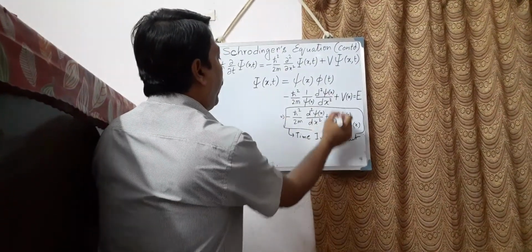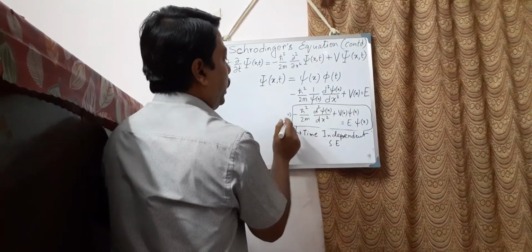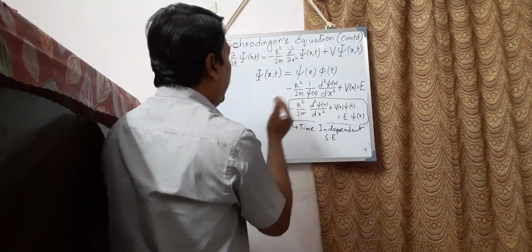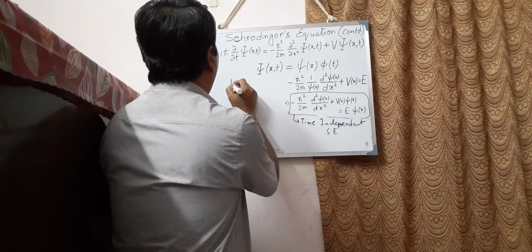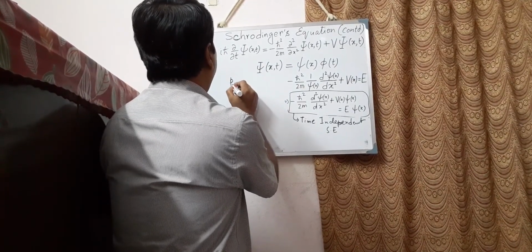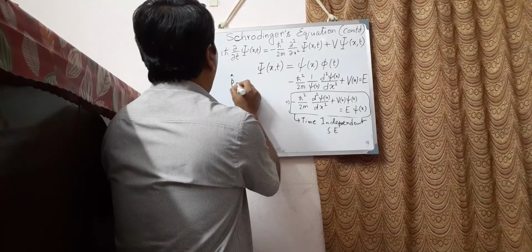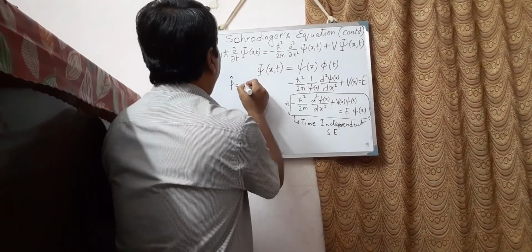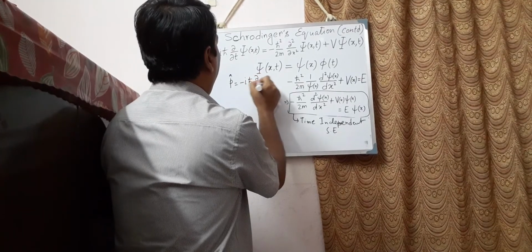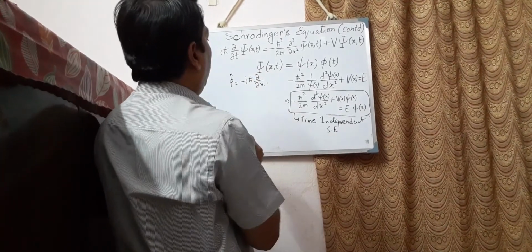We can reframe this time independent Schrodinger equation into a slightly special form. We already know that the operator p cap is given by minus i h bar del/del x.